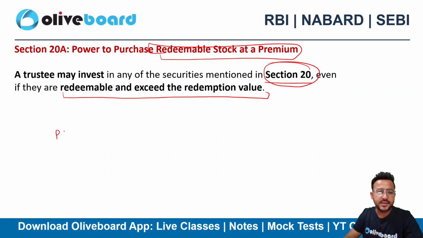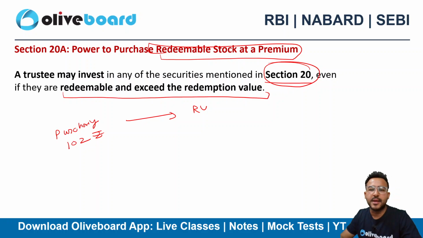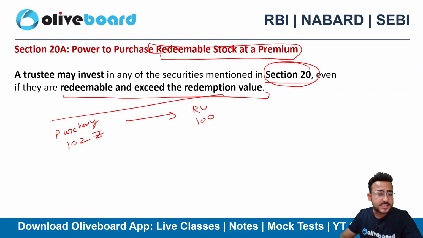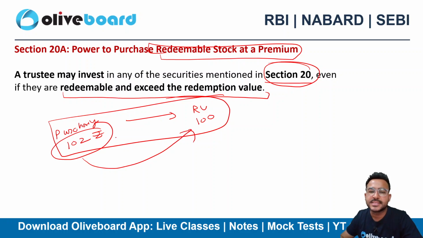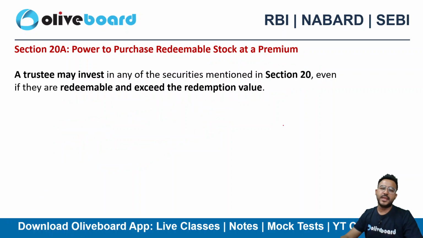If I'm purchasing something at 102 rupees, and the redemption value, the amount I'll get when the asset matures, is just 100 rupees, still the trustee can do so. Will it make sense to purchase something at 102 and redeem it at 100 rupees? No, but the trustee can do so. He can buy things at a premium.